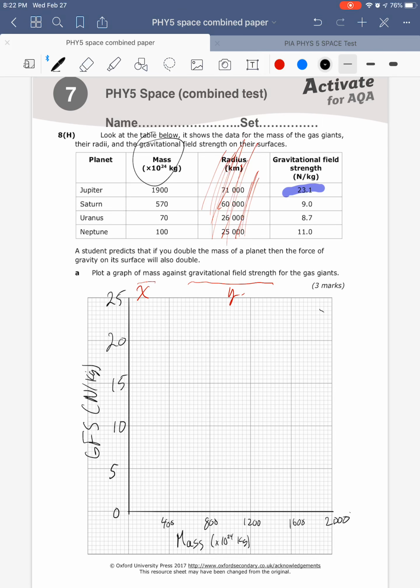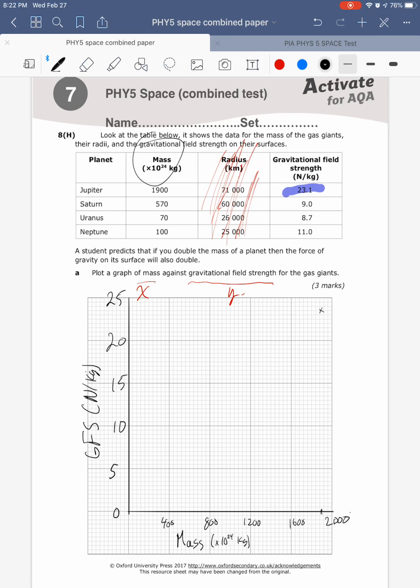My point is about right there. That's going to be close enough for my Jupiter point. So read along the bottom to find 1900, and then go up until it reaches 23.1 on the other side.